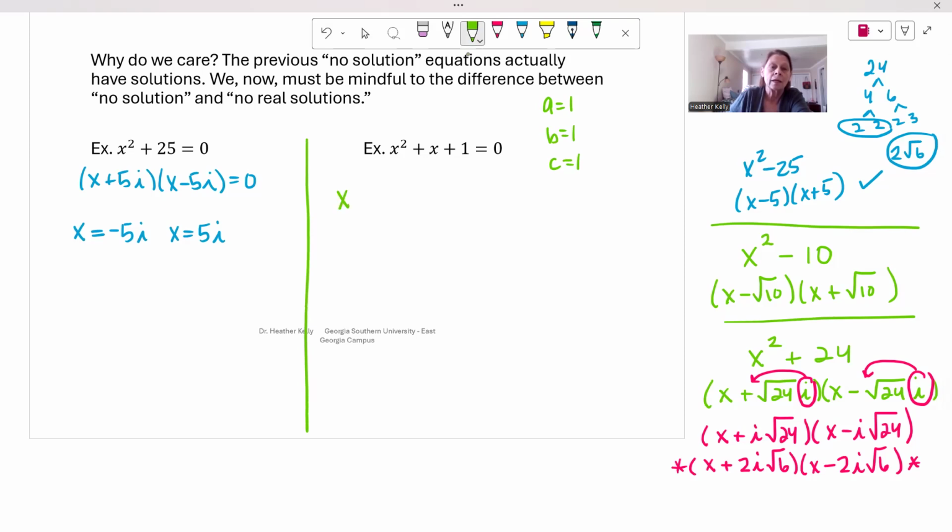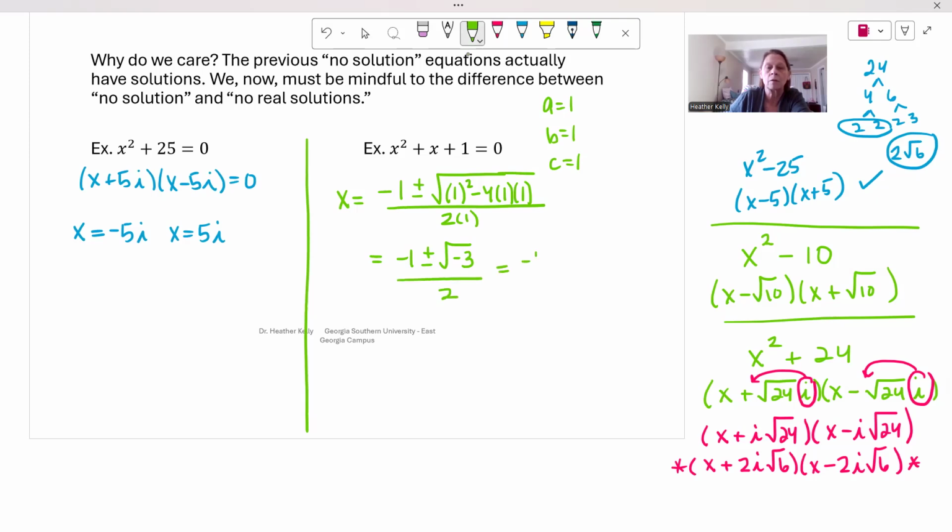So we'll say x is equal to negative B plus or minus the square root of B squared minus 4 times A times C and all that over 2 times A. So we have negative 1 plus or minus the square root of negative 3 over 2.